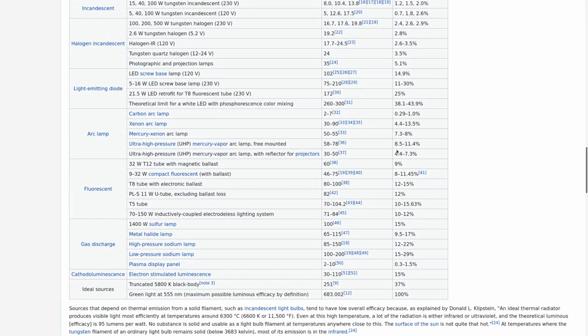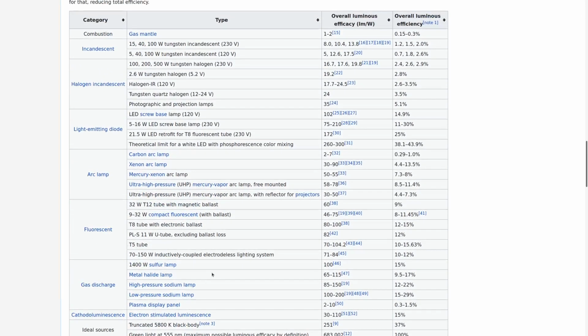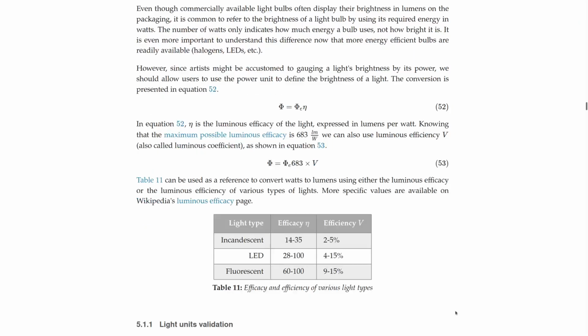Your gas discharge, your high pressure sodium, is going to be this one here. So maybe some values to use if you wanted to model these different behaviors in this context.